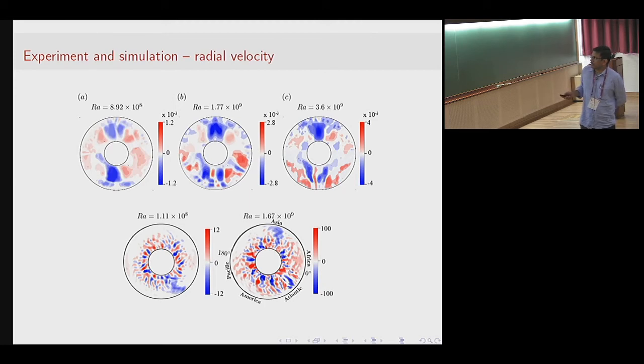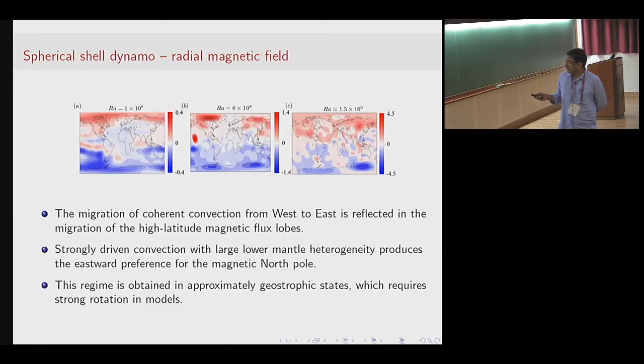Initially, it begins with Canadian convection, and the pattern of convection suddenly switches over to the Siberian region as the Rayleigh number increases. So there is a broad qualitative agreement between what we see in the experiment and what we see in a very expensive numerical calculation. Now, what are the implications of this study?